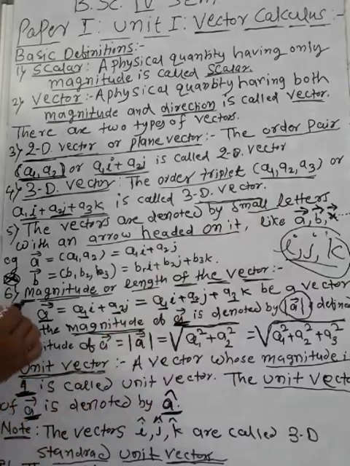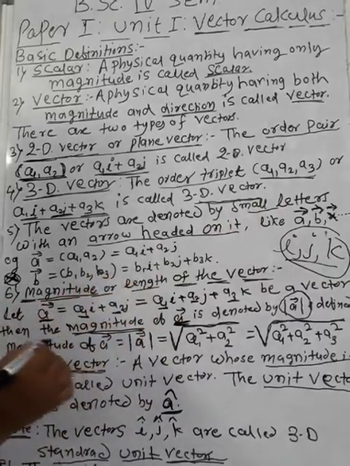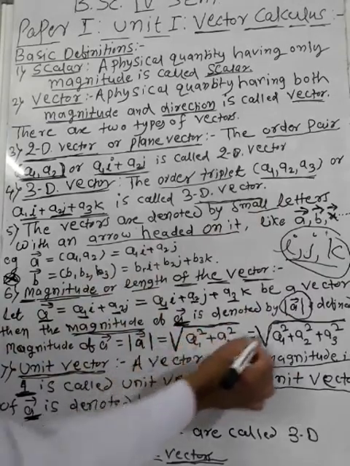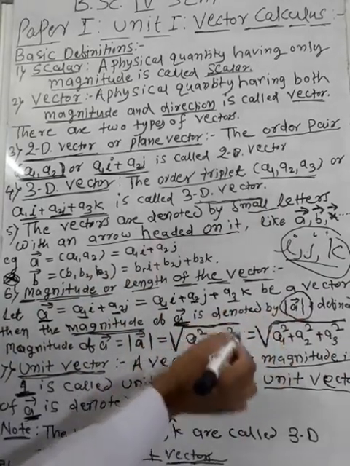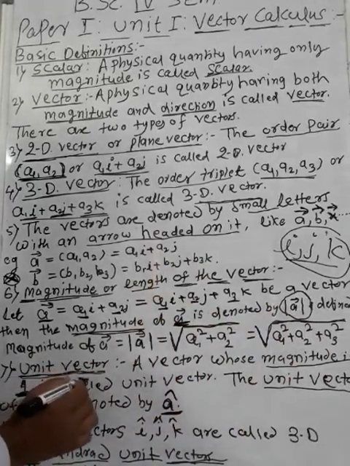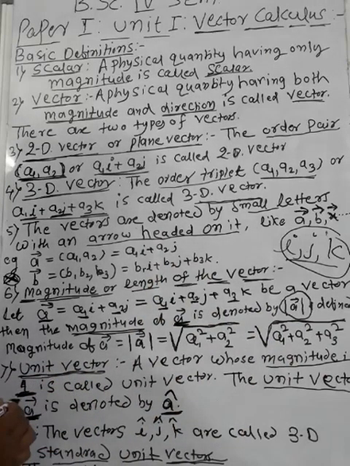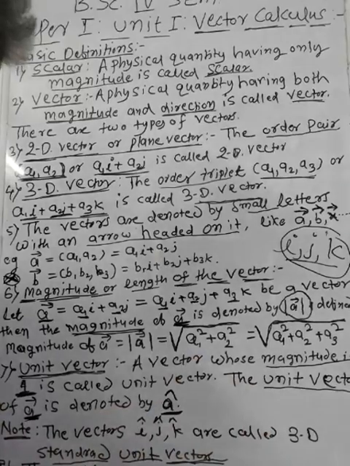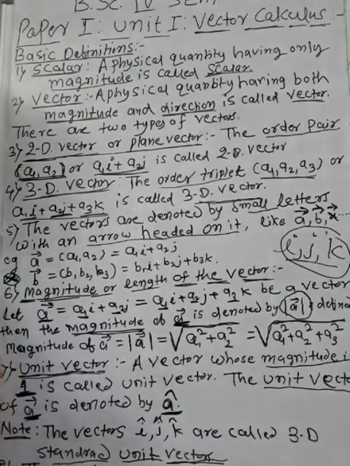The most important definition is the magnitude, denoted by mod A and given by the square root of the sum of the squares of the coefficients of i, j, k. For a unit vector the magnitude must be 1, i, j, k are standard unit vectors, and the unit vector in a given direction is given by the vector itself divided by the mod of that vector. These are some basic definitions.